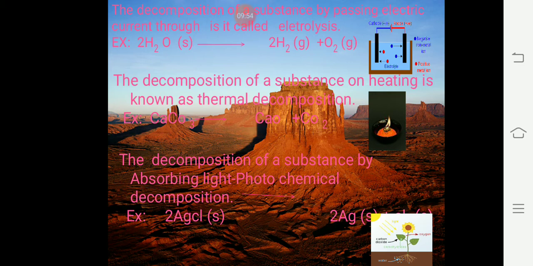Here green plants absorb sunlight and prepare food. So these three types of decomposition we are studying in this chapter.